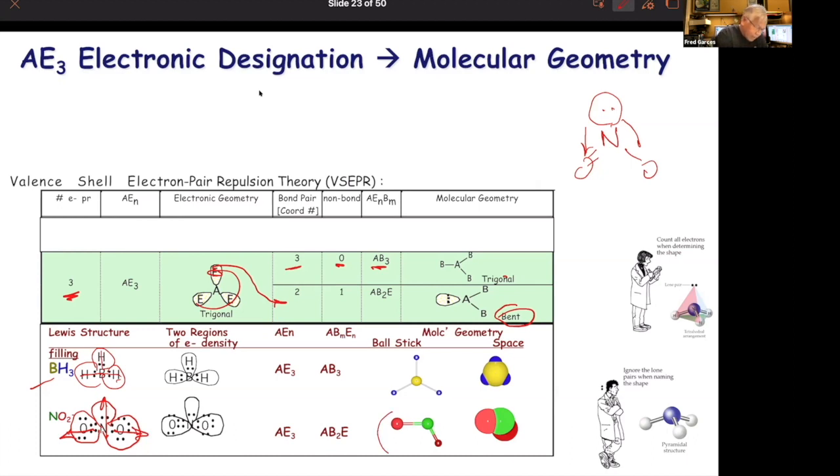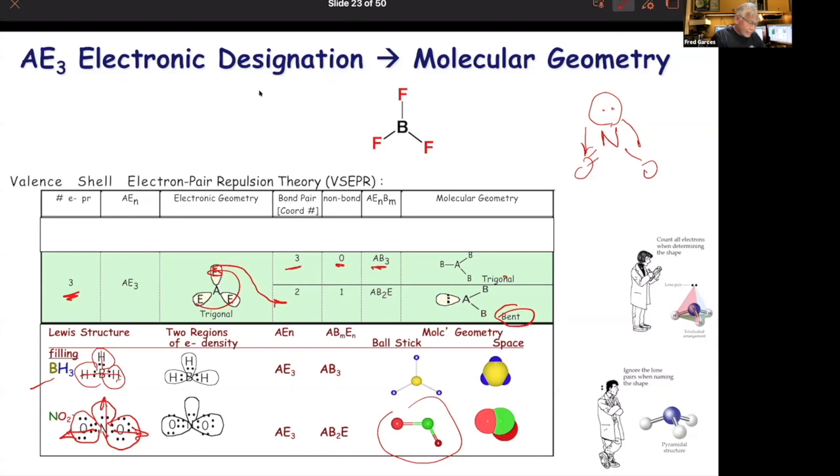And you can see it right here. You're only looking at atoms when you have the molecular geometry. Yeah, the electrons are there. It dictates the shape, but you can't see that with an X-ray. When you actually analyze the chemical, you don't see the electrons. You only see the atoms, and the atoms are bent.